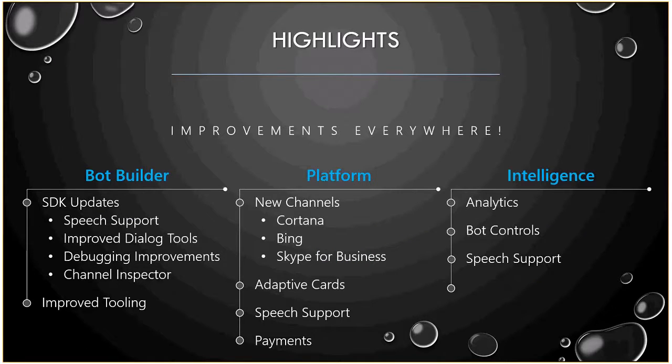This is just an idea of some of the improvements they've made over the last year. One of the coolest things is they added speech. I don't know if Jonathan's going to, are you going to demo that? Maybe. So they added support for speech into Cognitive Services.